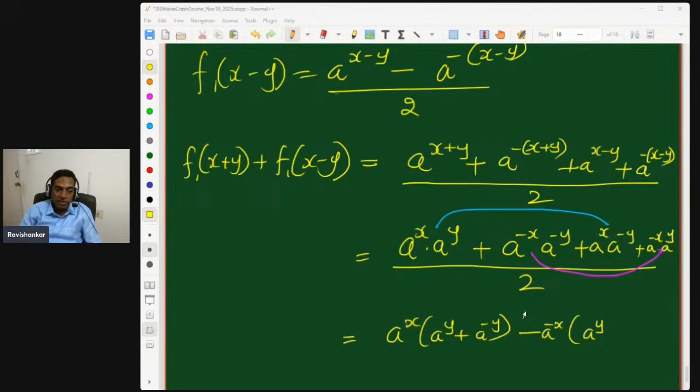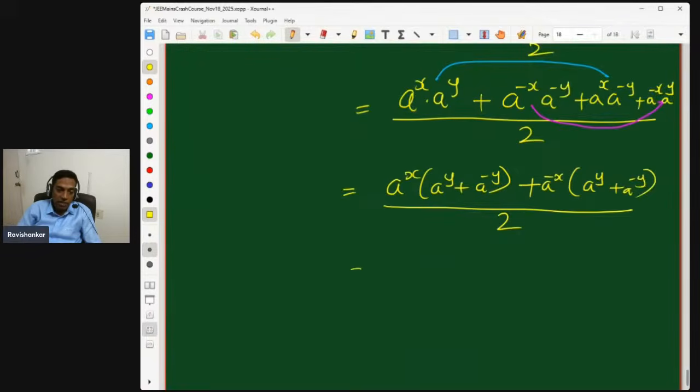My bad. Plus a power minus x into a power y plus a power minus y. Everything is plus. So it's a power x plus a power minus x.